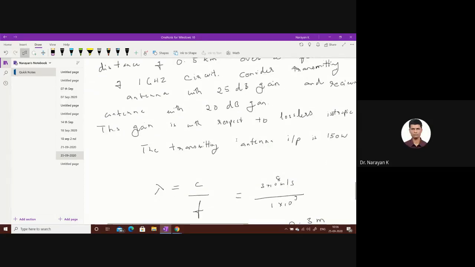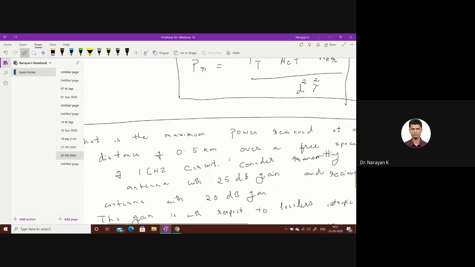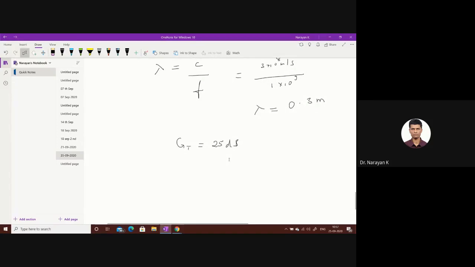So what is the directive gain of the transmitting antenna, G of T? 25 dB. Assuming this is the maximum directive gain, it can be equal to directivity.